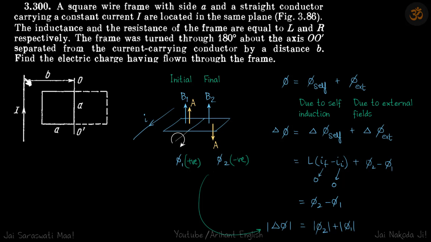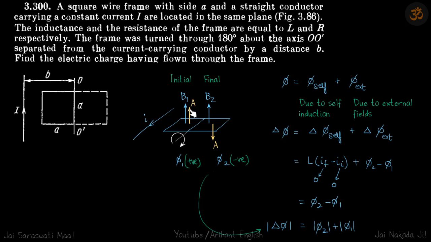So current will be appearing towards you, towards us, outside the plane. So initially the B, the field due to this current, and the area vector are in the same direction.